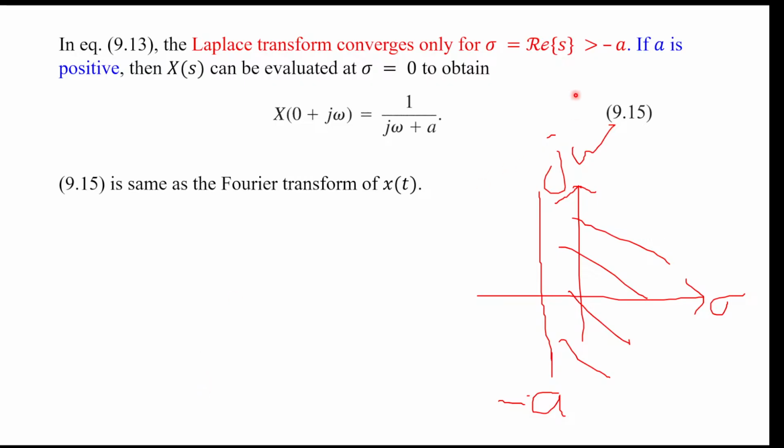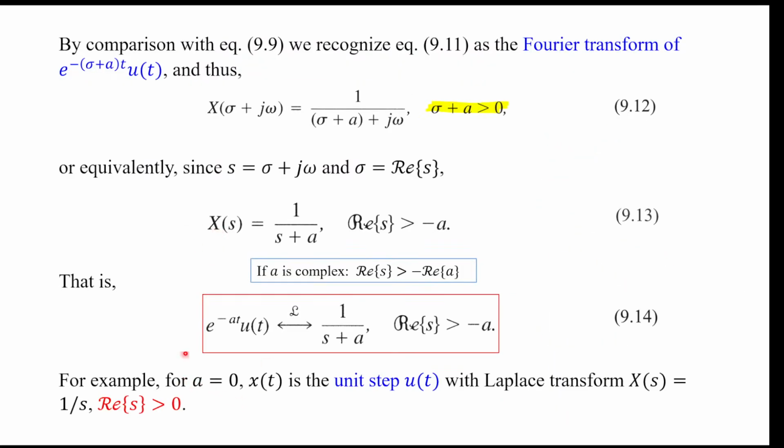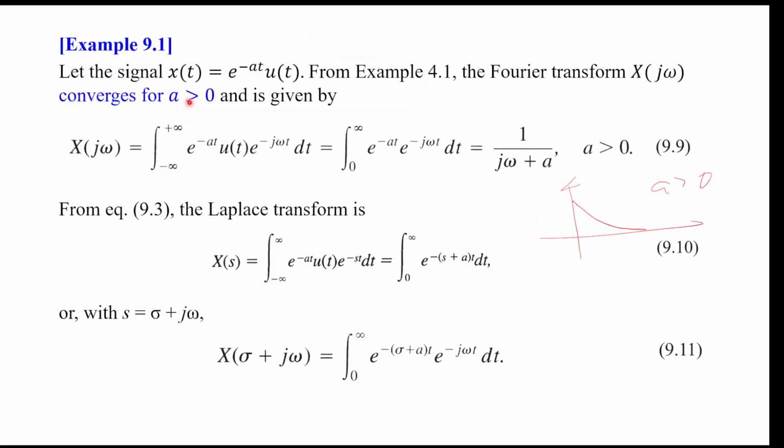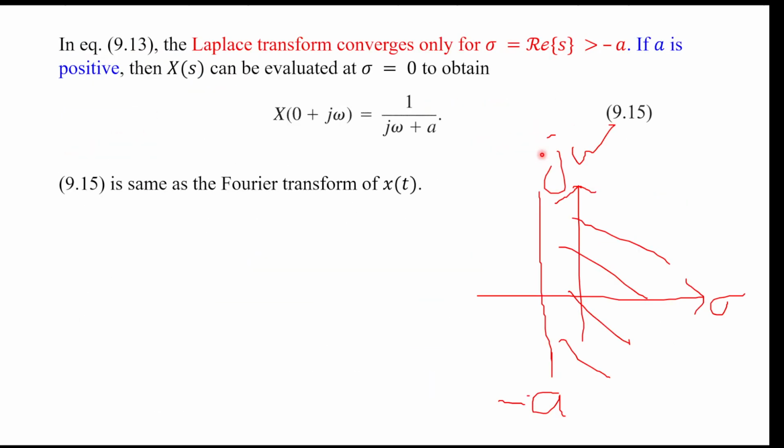And that is for a equal to 0, where x of t goes back to the unit step function and we have the Laplace transform 1 over s. When a is positive, we know that small x should have a Fourier transform of 1 over j omega plus a, and we see that it actually checks out.